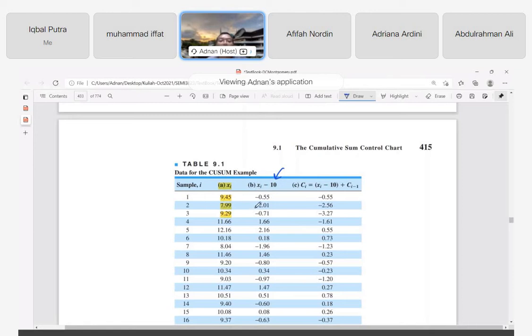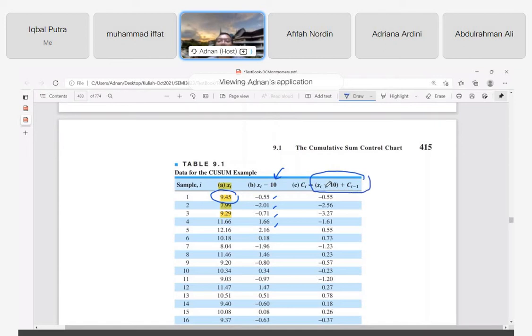So now we have 9.45 minus 10, and the difference is minus 0.55. We keep continuing, getting negative, positive, and so on. This column is only the difference of the values. But in order to get the cumulative values, we need the cumulative sum Ci.